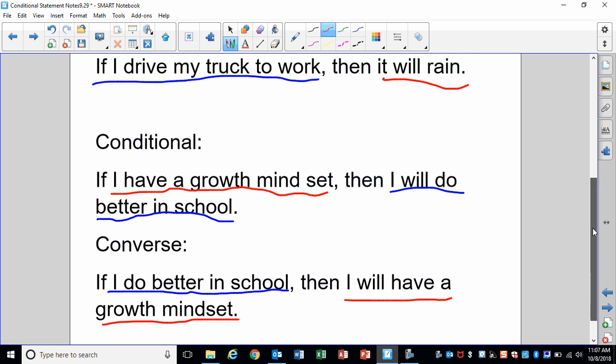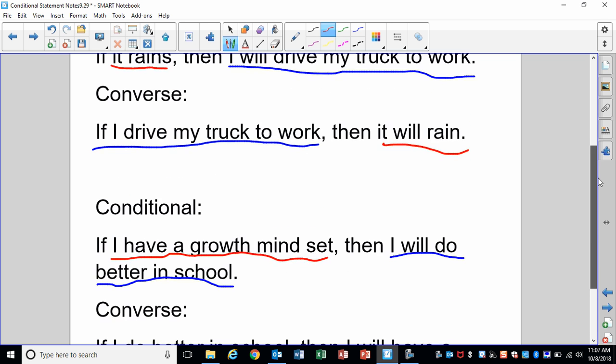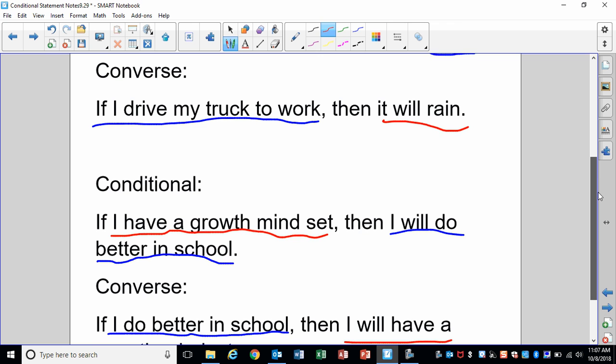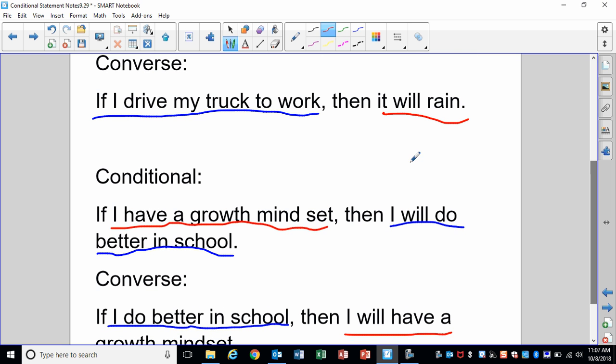Now, when we create a conditional statement, originally we are creating statements that make sense and are true. Or we can look at and identify if they are or are not true. When we create a converse, it will not always be true. So looking at these two converse statements, if I drive my truck to work, then it will rain.